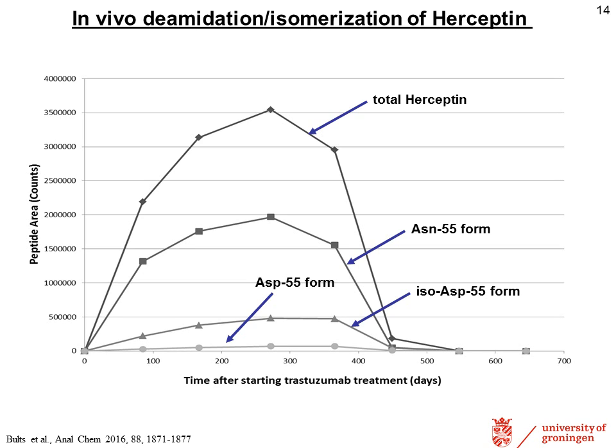It can be assumed that the isoaspartic acid form is probably inactive, although this still needs to be confirmed. Most interestingly, different patients show very different profiles of deamidation and isomerization, and thus inactivation of Herceptin. So this must be taken into account during the treatment and to establish the proper dosing regime.